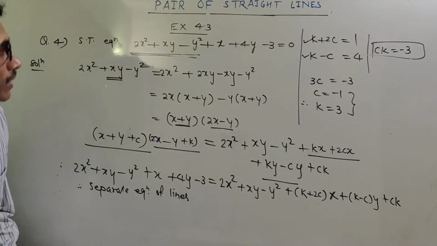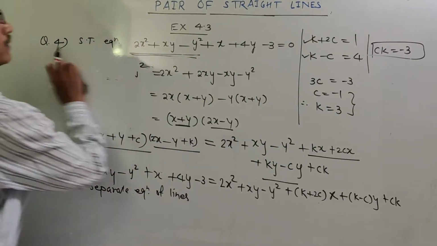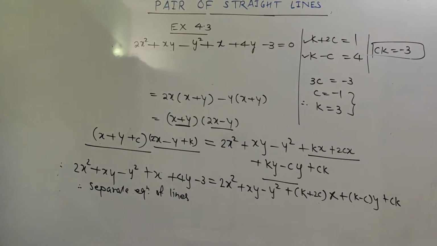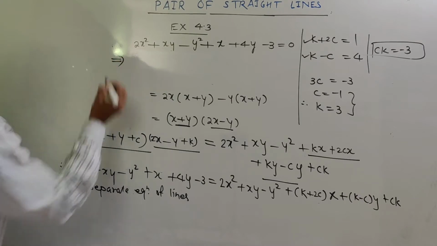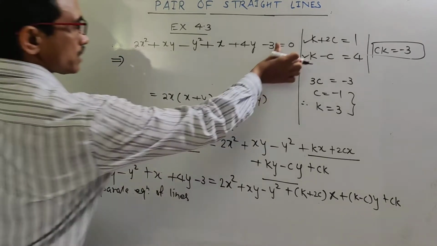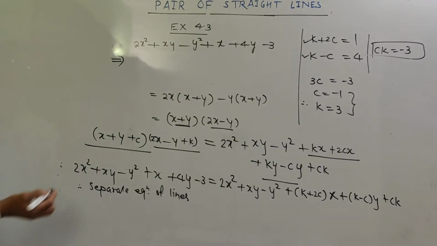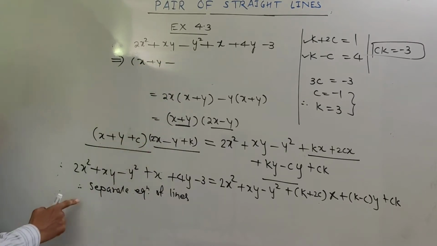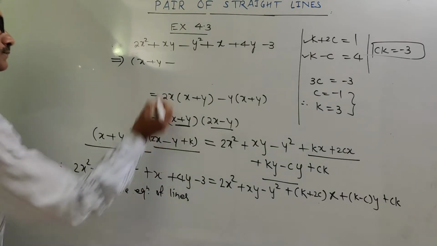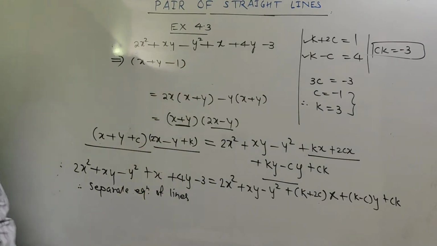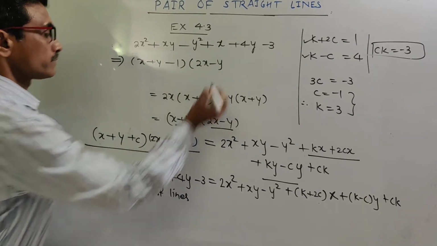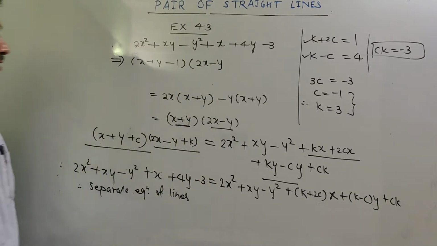That means the given equation will be x plus y minus 1 into 2x minus y plus 3.